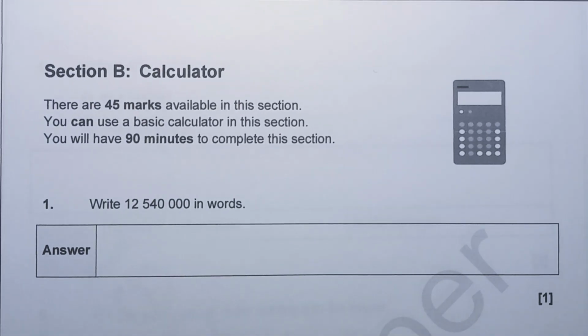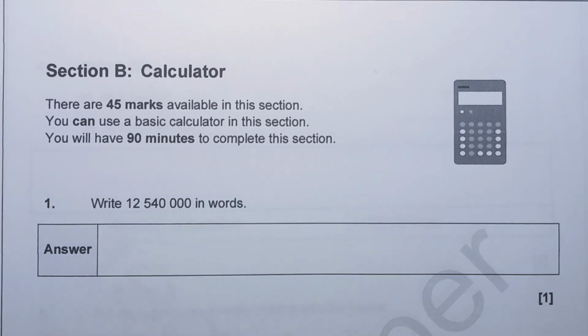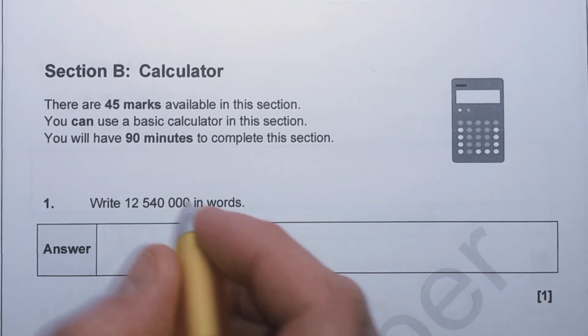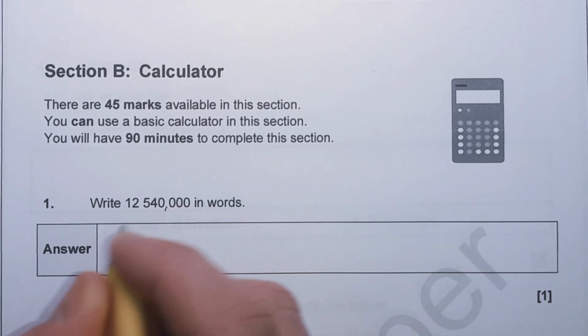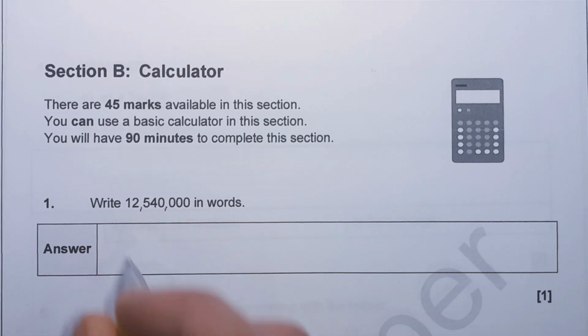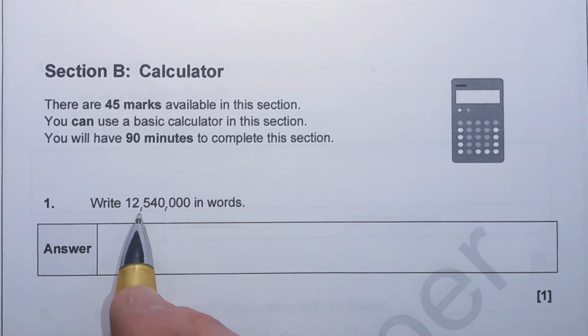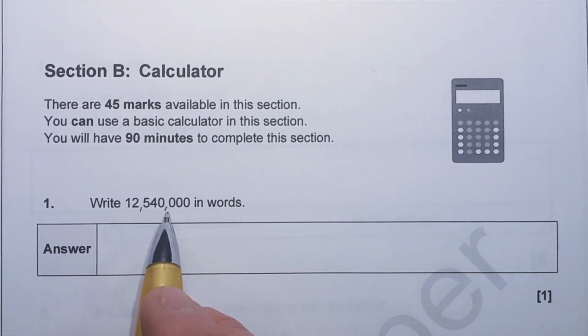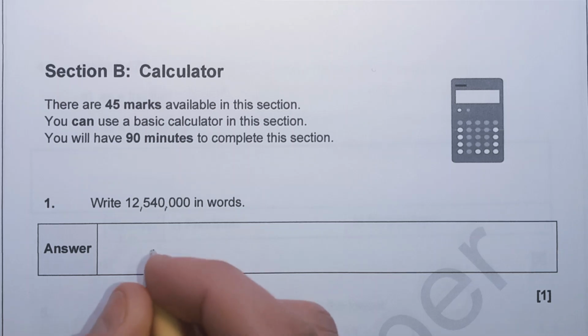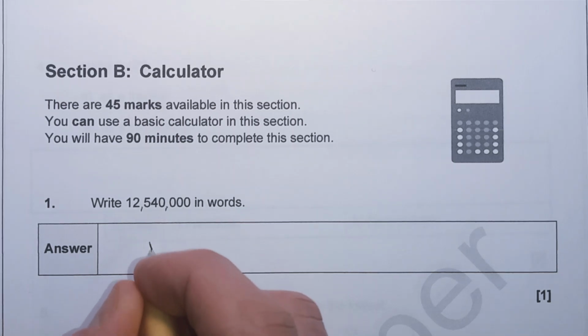So now for the calculator section. So we've got right, and then we've got loads of digits. So I'm going to put my commas in here again. 1, 2, 3, comma. 1, 2, 3, comma. So we've got 12,540,000, and that's it. So they want this in words.